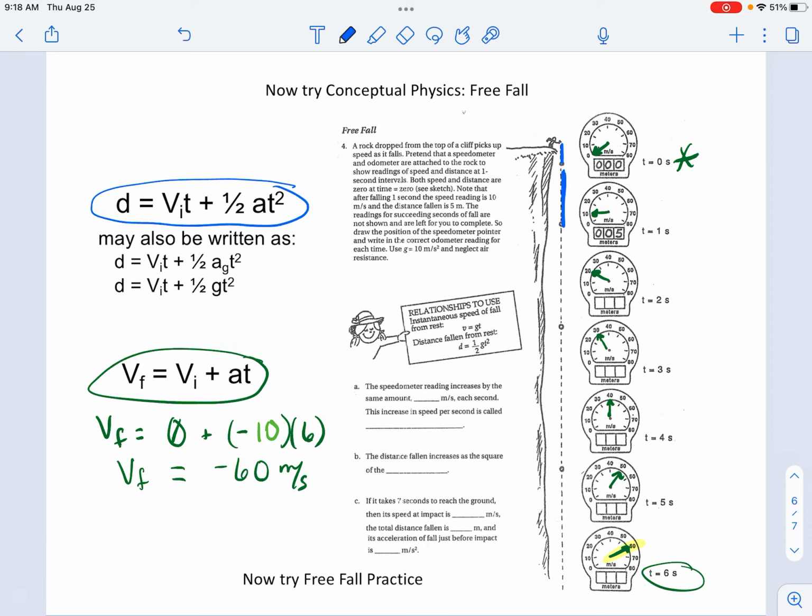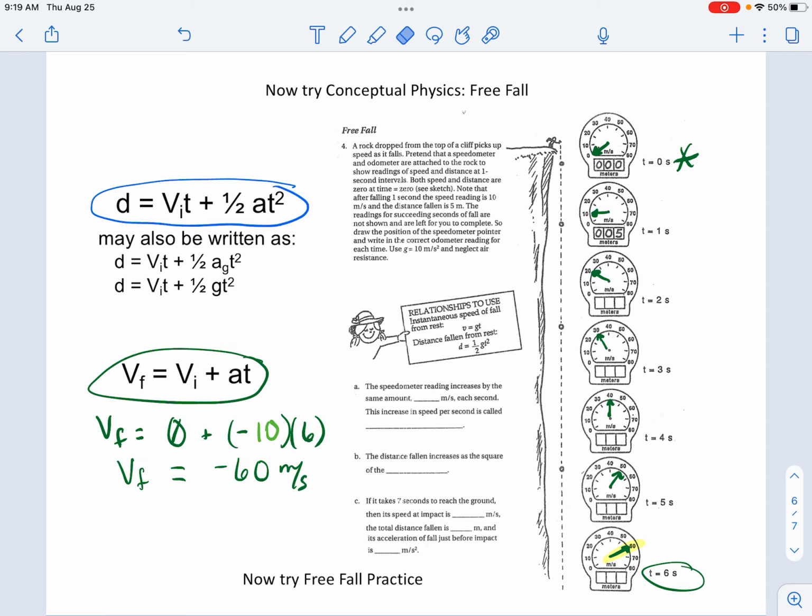This distance traveled in the second is larger. Why is that? Well, because he's going faster. So if the ball is going faster, then he went a greater distance in the 1 second. If he goes even faster, he's going to travel even more distance in 1 second. And so the spacing is going to be different between each 1 second snapshot.